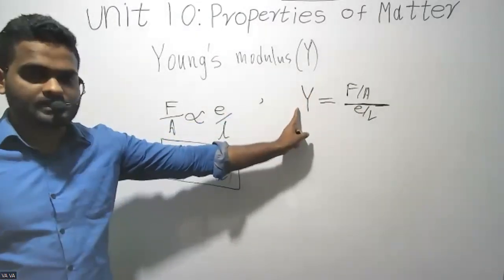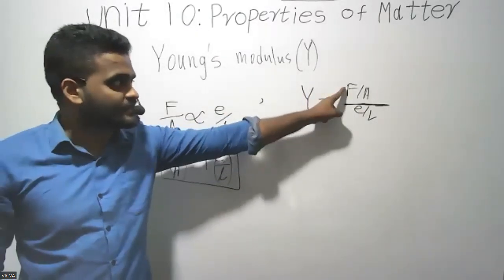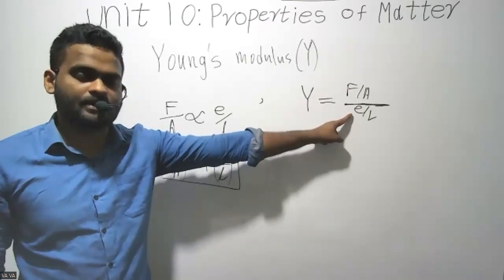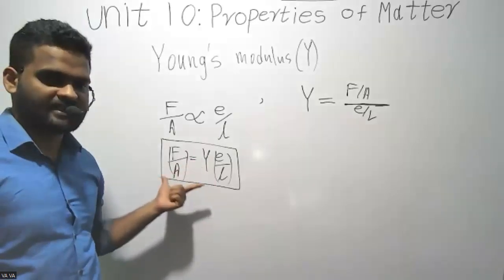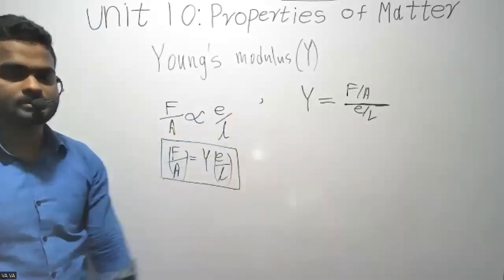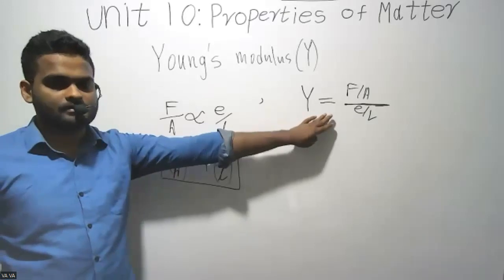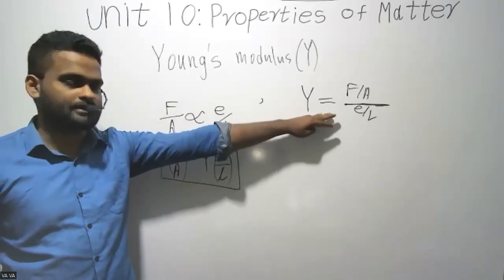Another way to write Young's modulus is stress divided by strain. So you just have to remember one equation; you don't have to remember all the forms, you can derive them. Just write this down.